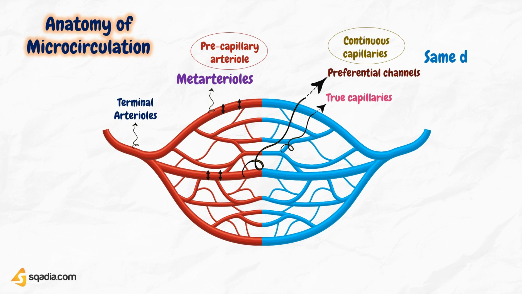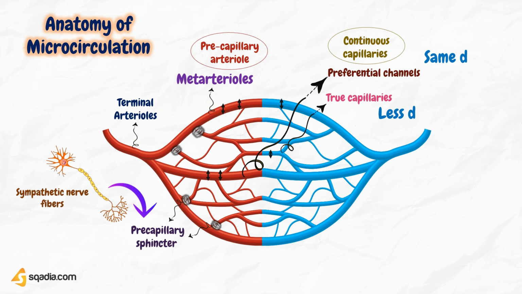Preferential channels or continuous capillaries have the same diameter as meta-arterioles, whereas true capillaries also form a network and join the venules. But the diameter of the true capillaries is less than that of the meta-arterioles. There is another important anatomical structure to mention here. That is the precapillary sphincter. The beginning of true capillaries is encircled by smooth muscle fibers.